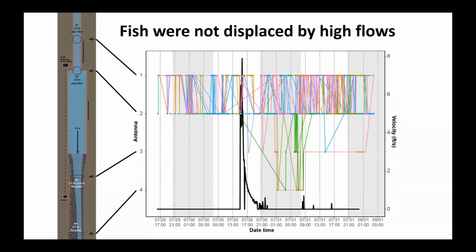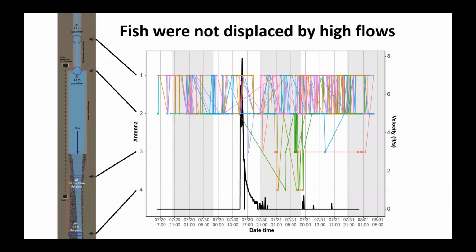So those black arrows on the left are pointing to the location of each of those antennas. Each of the colored lines is an individual fish and its movements between each of these antennas over the course of a storm. Hopefully what you can see is on the left side of the graph, fish are mostly hiding in that pipe itself.